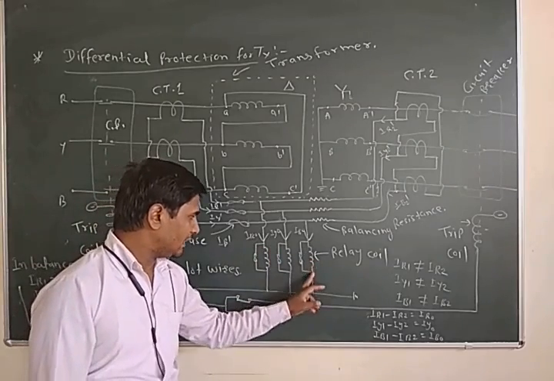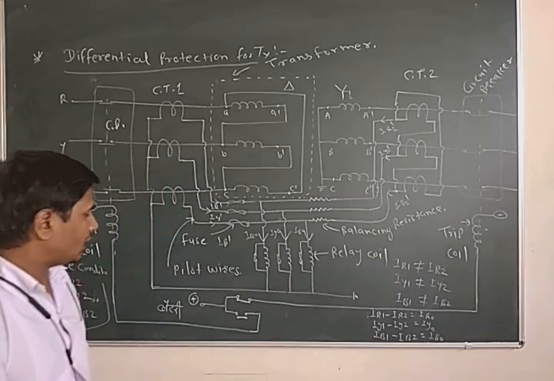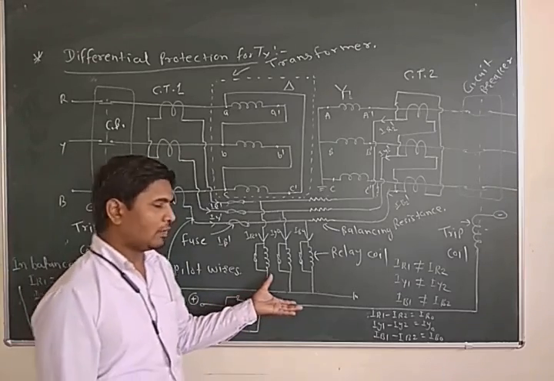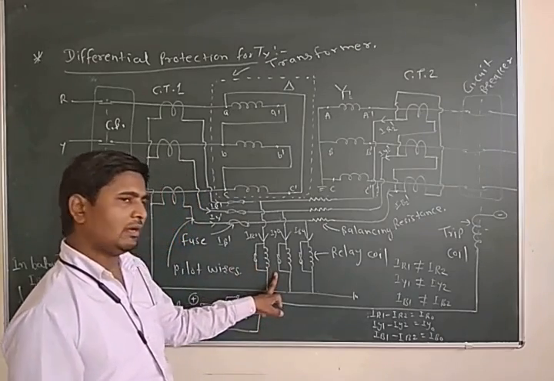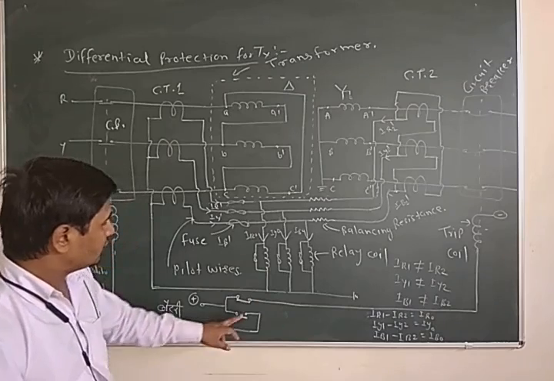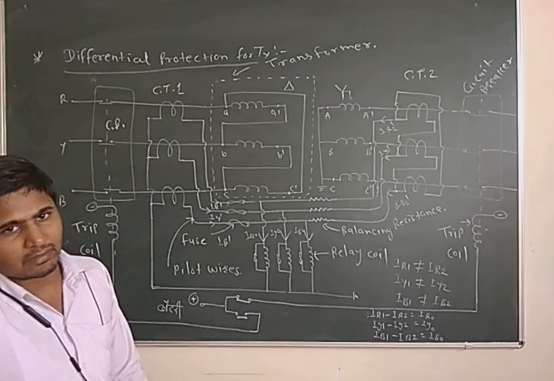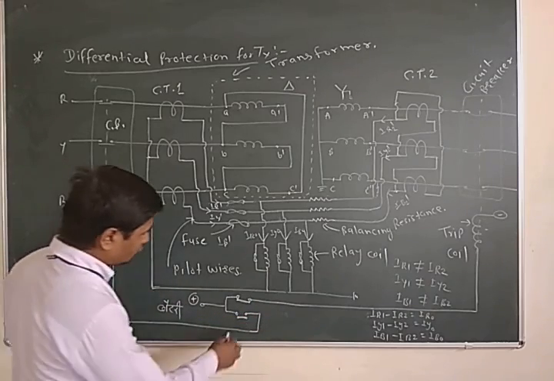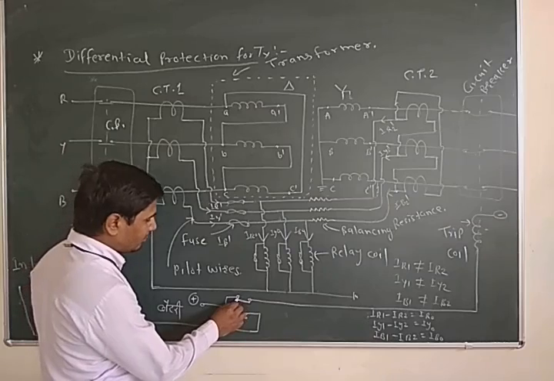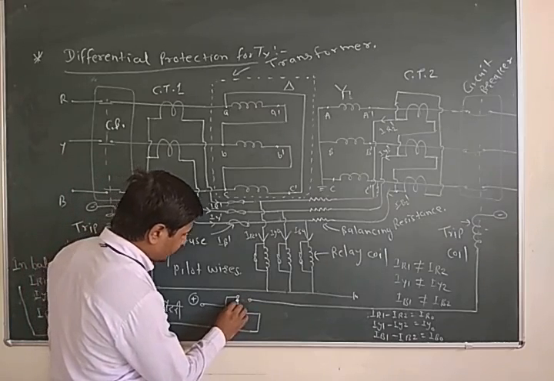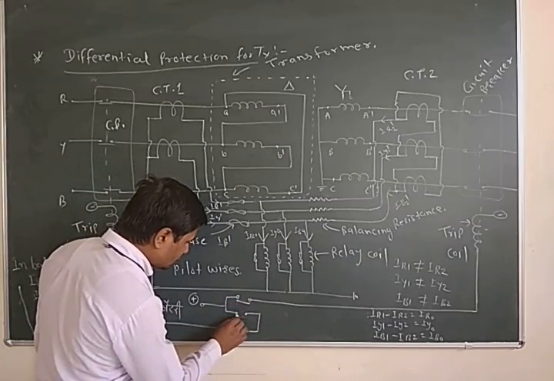So these relay operating coils connect the trip circuit of the circuit breaker. These are the plungers, which are mechanical conducting rods.